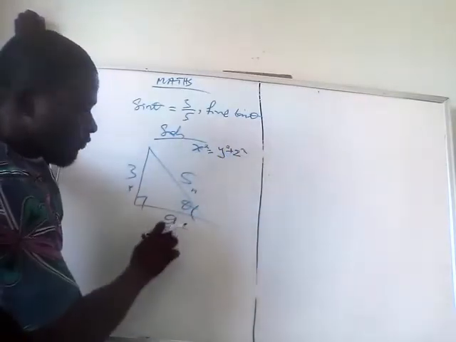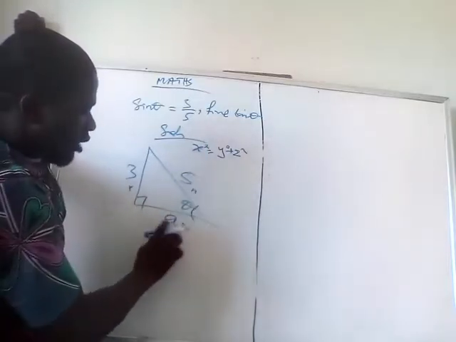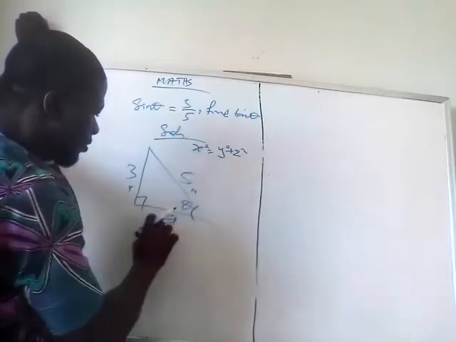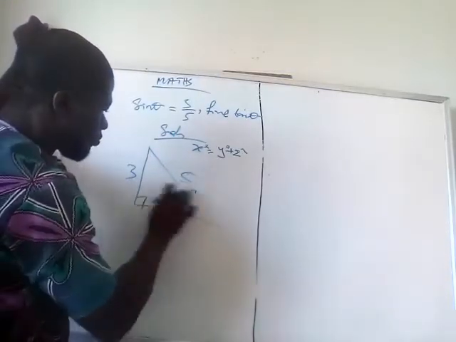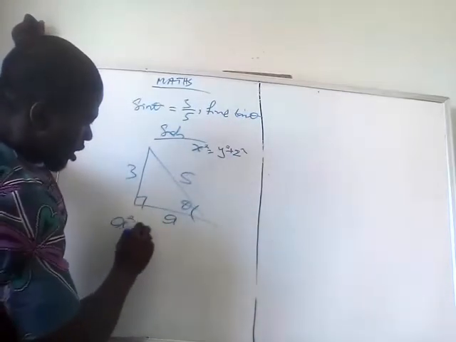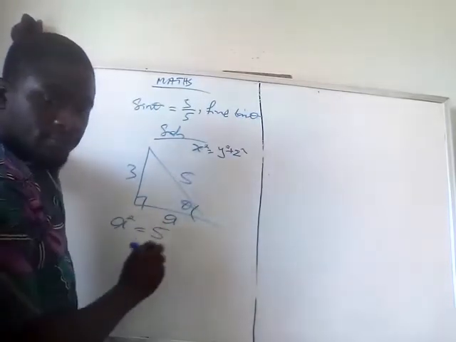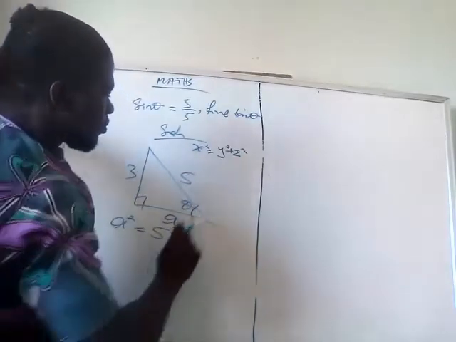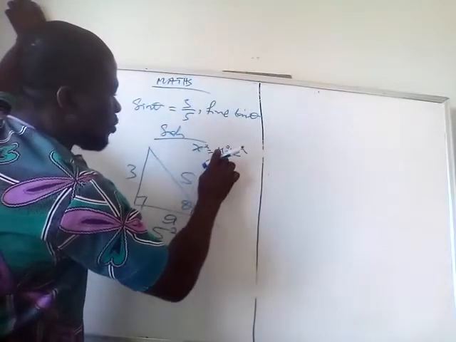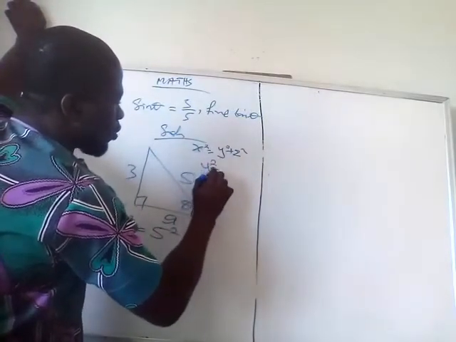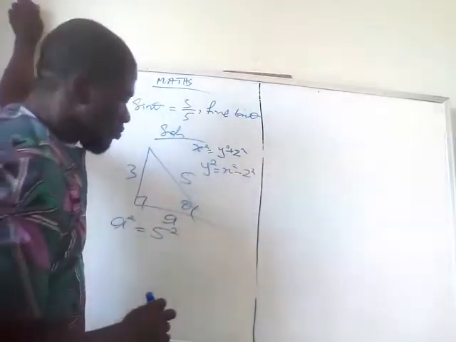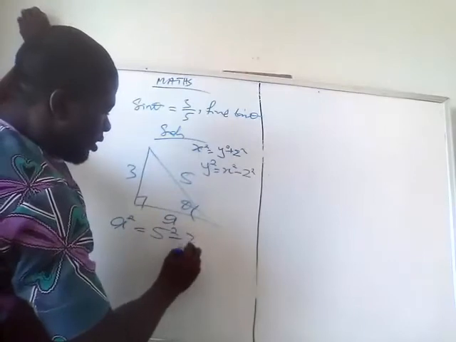But since we are not looking for the hypotenuse, we are looking for one of the other sides, let's call it A. So we have A square equal to 5 square minus 3 square.